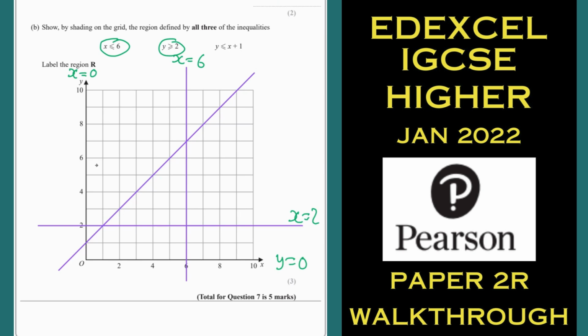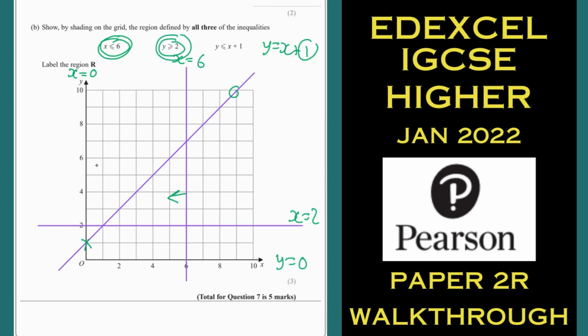And for the diagonal line, y equals mx plus c. So it crosses at 1, and because the units are matched on the x and y, you can go across 1 up 1 and diagonally, and there we go. Now for the inequality, where horizontally is lower than 6, it's to the left of that line.